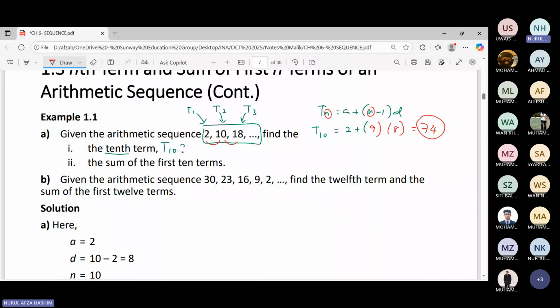But how about Sn, S10 here? You know the formula of Sn is n over 2, 2a plus n minus 1 d.